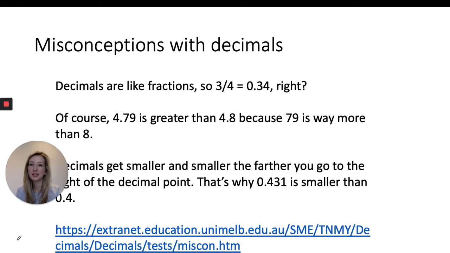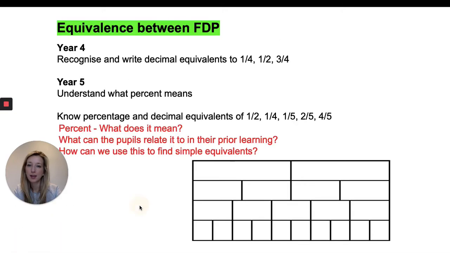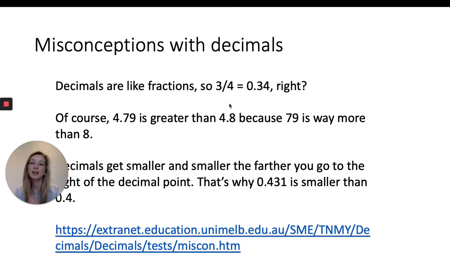So more on misconceptions. There's a website here that I've just placed underneath for you to find out any misconceptions if you're about to teach a lesson on decimals or fractions. Again, another misconception that children tend to come up with is that 3/4 would correspond to 0.34, or you might see children saying, of course, 4.79 is greater than 4.8 because 79 is more than 8, which we've already talked about a little bit in the last part.